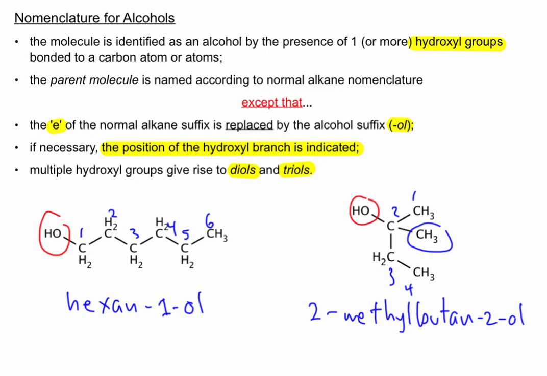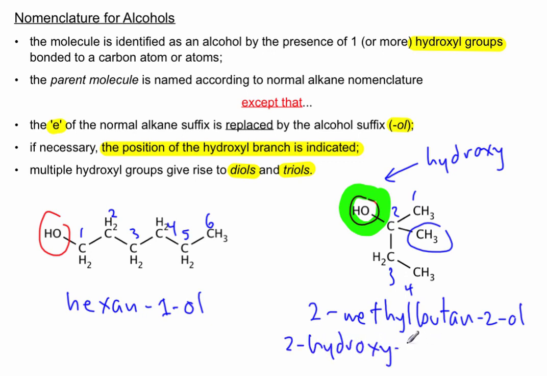Now, one other way you sometimes see it, it's not nearly as common, but it can be done, is to look at our hydroxyl group as a branch, and we call it a hydroxy branch. Hydroxy, not hydroxyl. And so you could also name that as 2-hydroxy-2-methyl butane.